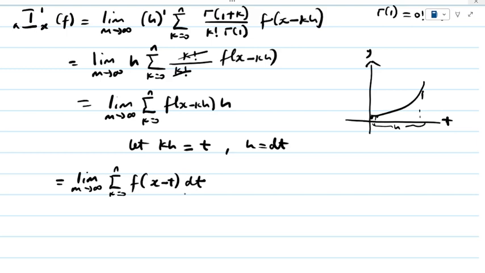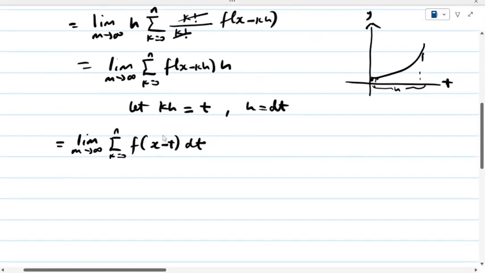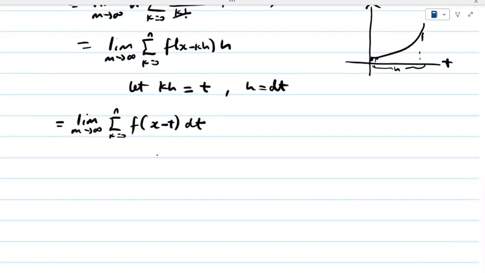Alright, so with this we can now write this using our integral properly. Let's bring in our limit. We have our m, which equals x minus a over h.